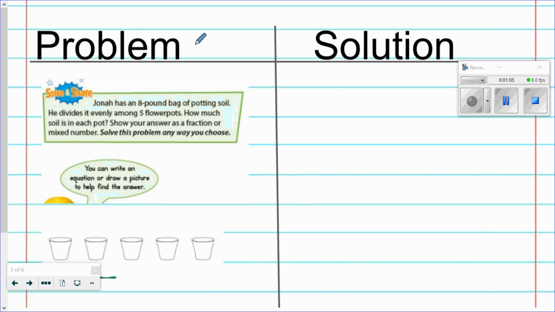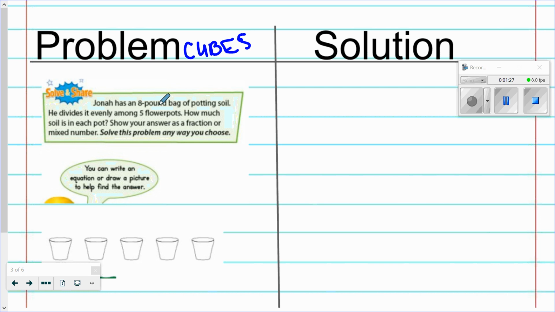So again, just like all year, we have been using CUBES. That's an acronym to help us circle important words, underline questions, box, visualize or be able to explain, and then solve. So I'm going to go through.